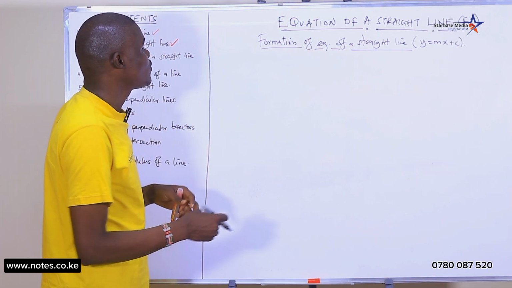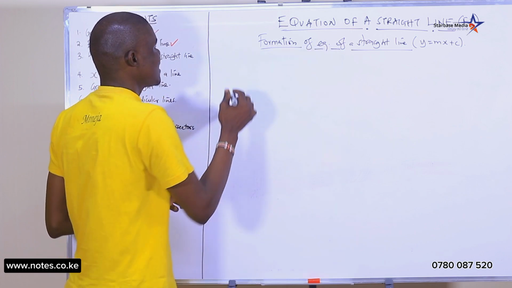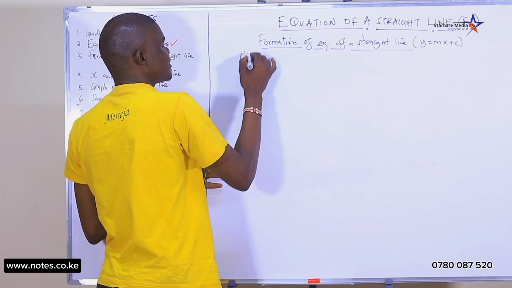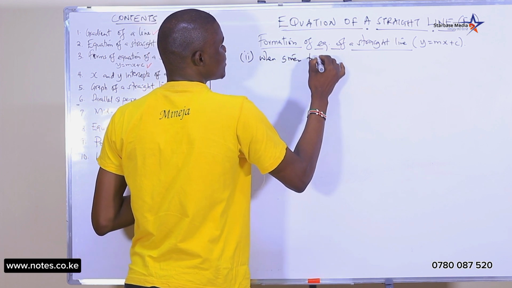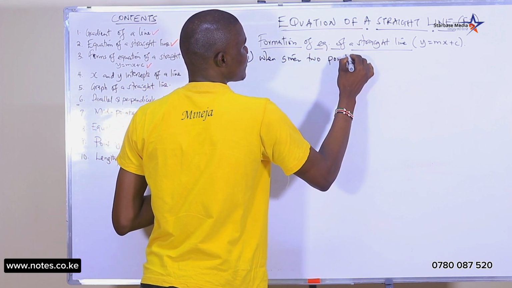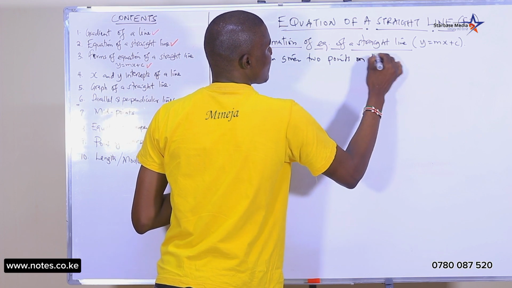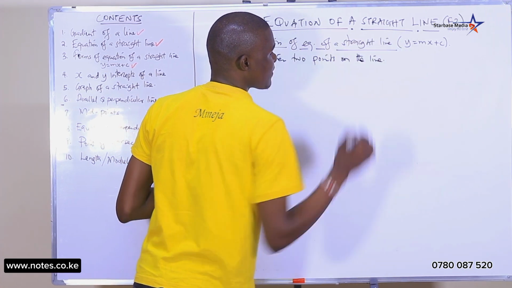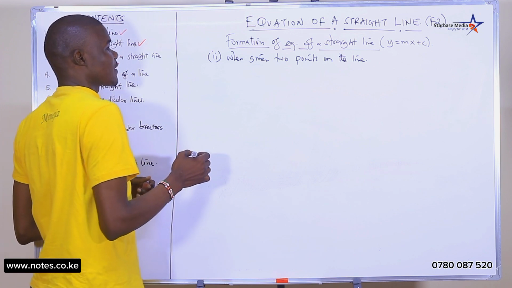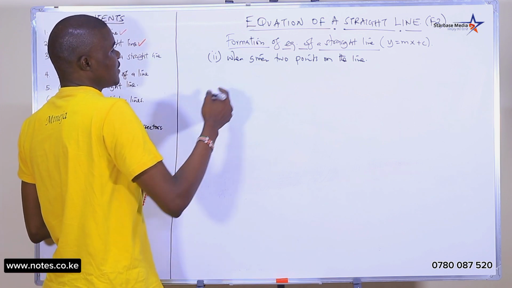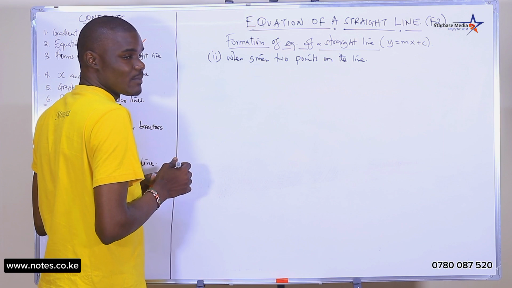Or another way through which we can form the equation of a straight line is when you are given 2 points on the line. And I can explain this by giving you an example, but just an overview.